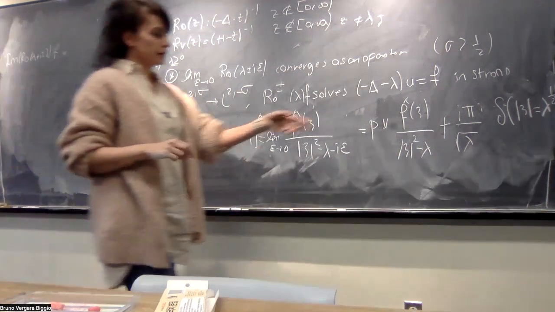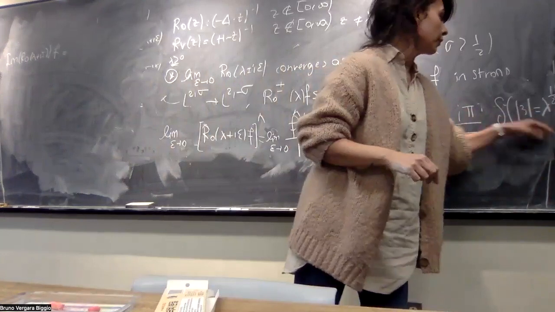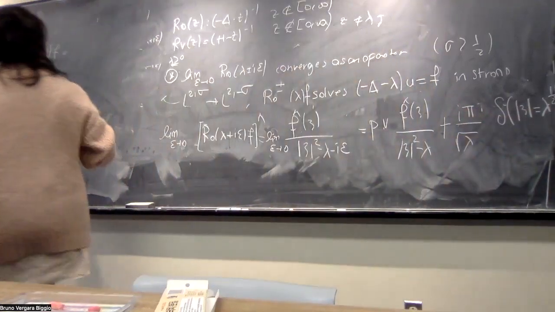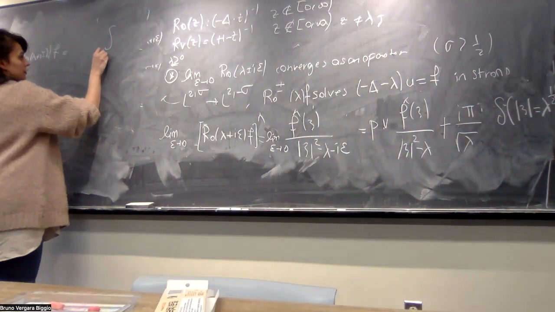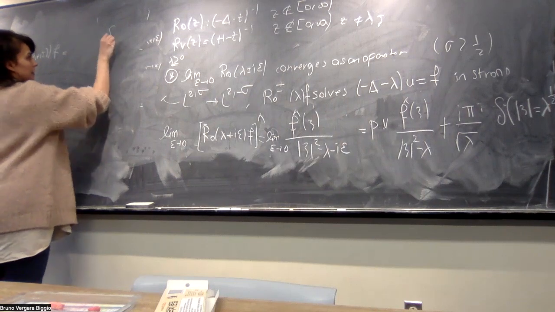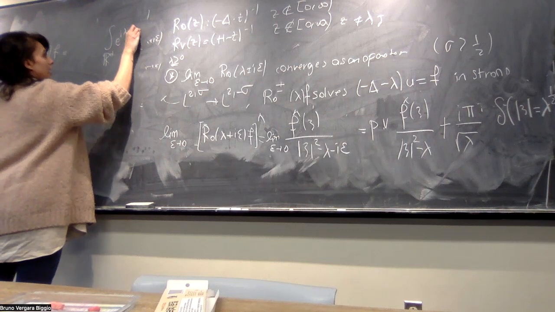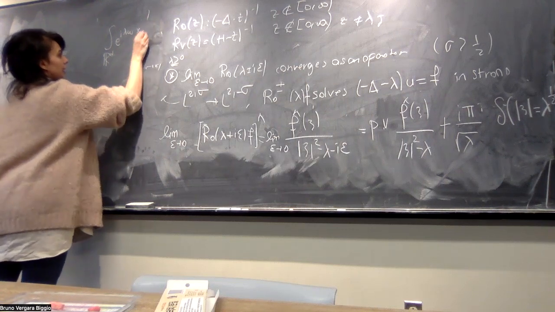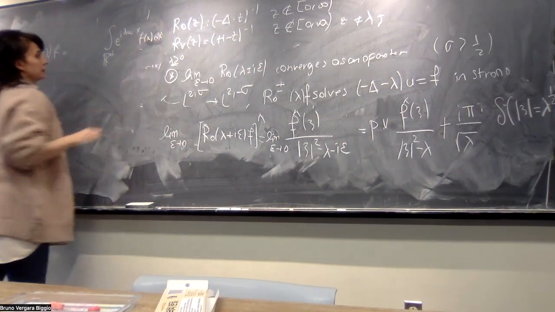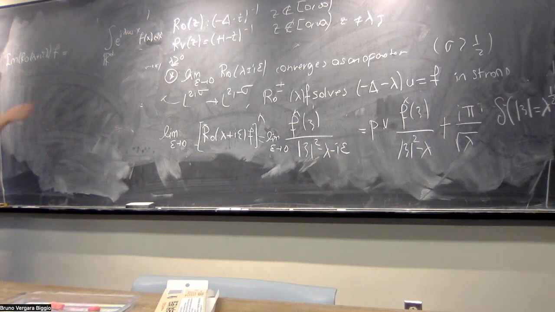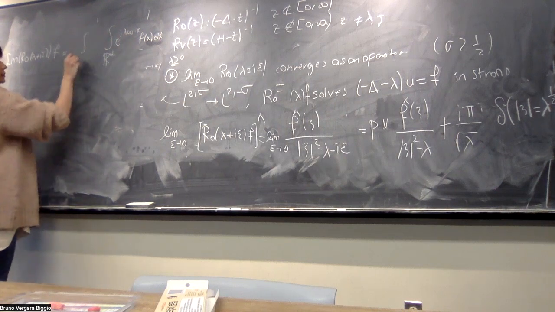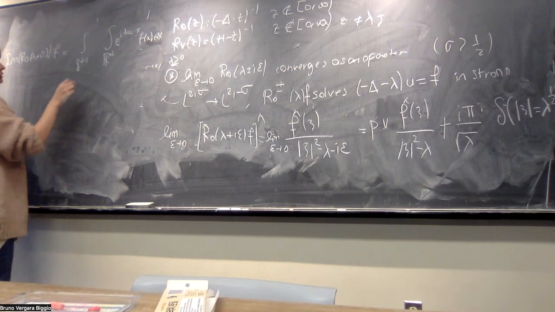So it's going to look like the inverse Fourier transform of this one. So I'm going to have first the integral over R^d of e to the i lambda omega x f(x) dx. Now I'm going to take the inverse Fourier transform, but omega is going to be in S^(d-1).